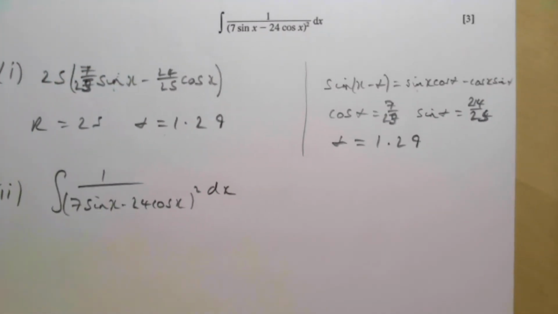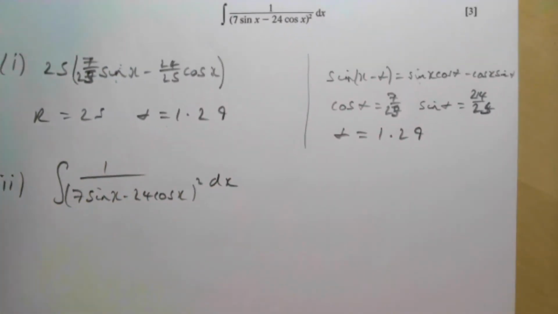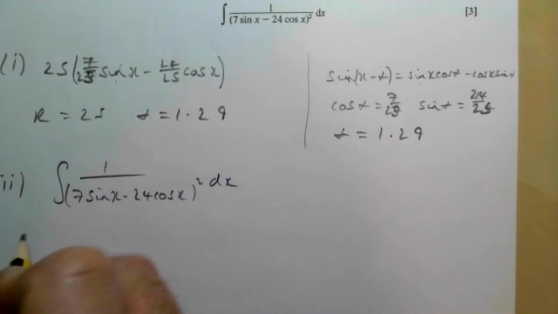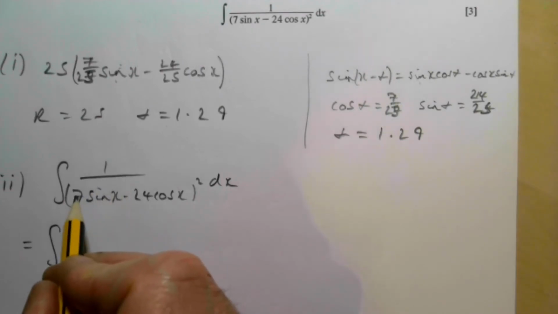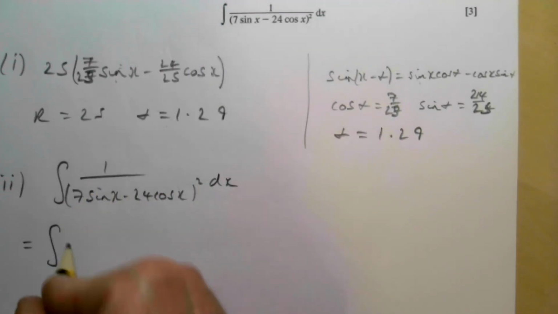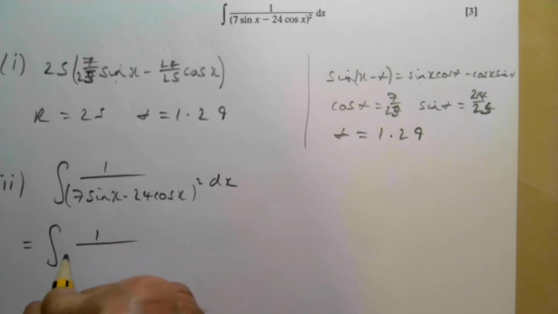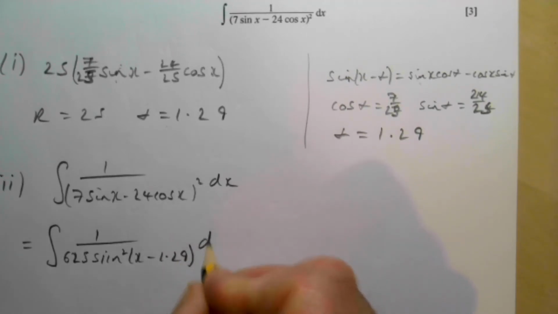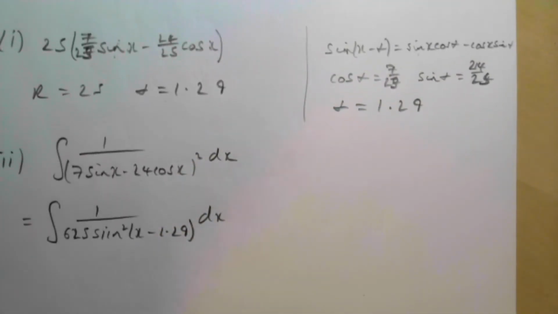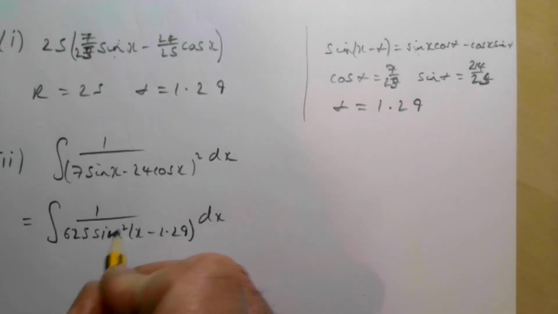We can obviously rewrite that as the integral of 1 over the 25 out the front, which we do need to square. So it's going to be 1 over 625, that's my 25 squared, times sine squared (x minus 1.29) dx.